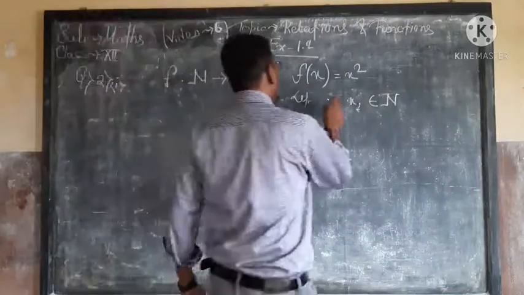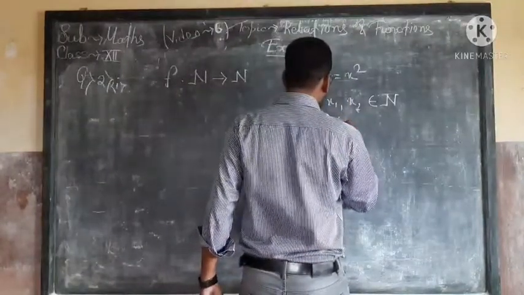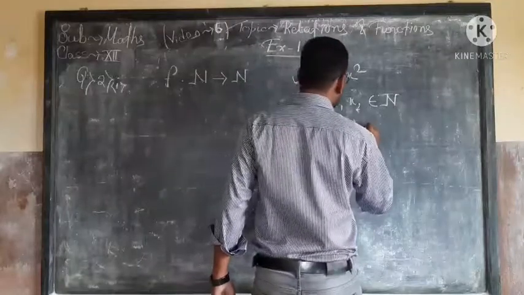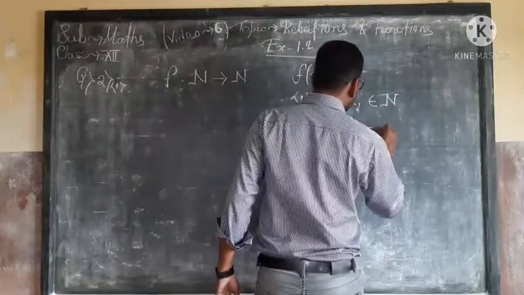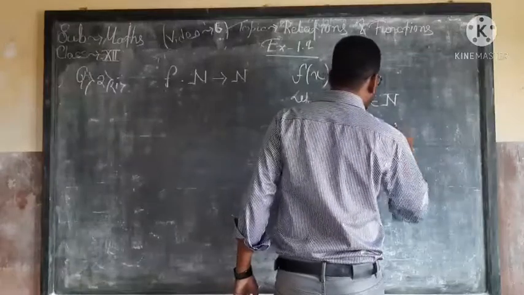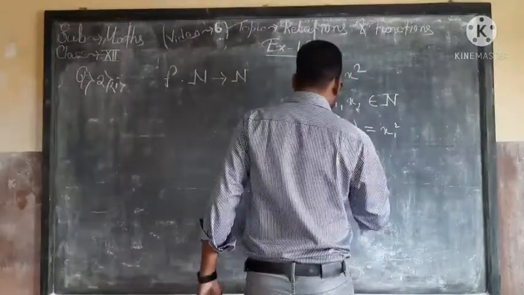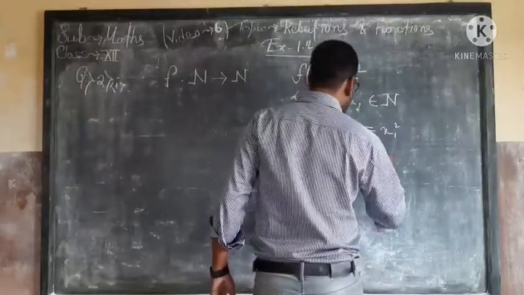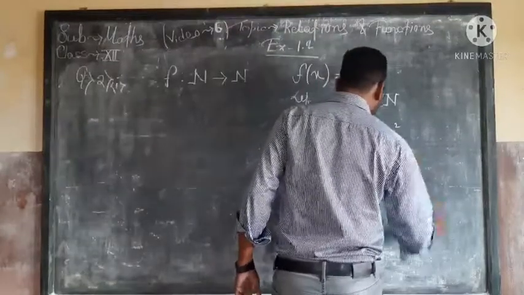If you put the value of x1 in place of x, this produces x1 square, and x2 produces x2 square.